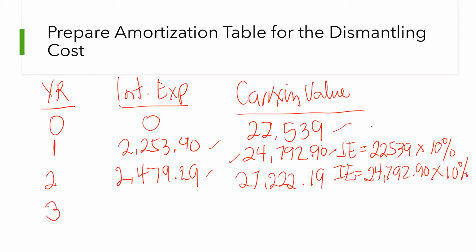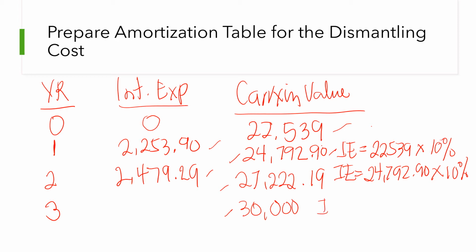In year 3, we don't need to compute for the interest expense. Remember, the goal is to make this carrying value equal to the estimated dismantling cost. So this is automatically 30,000 at the end of year 3. So simply deduct 27,222.19 from the 30,000.